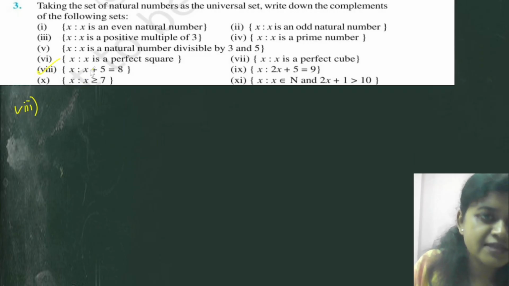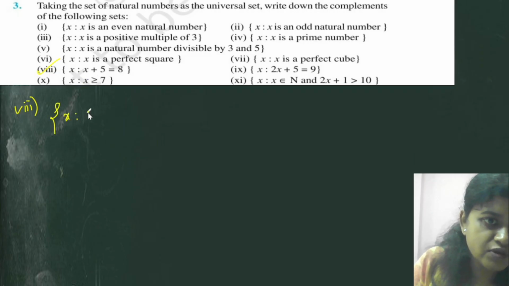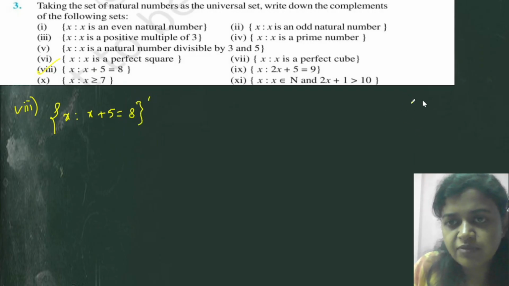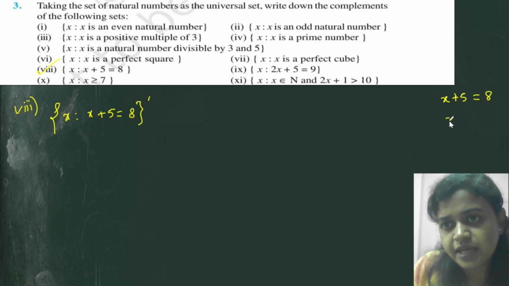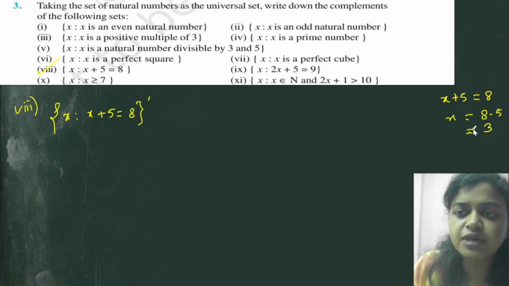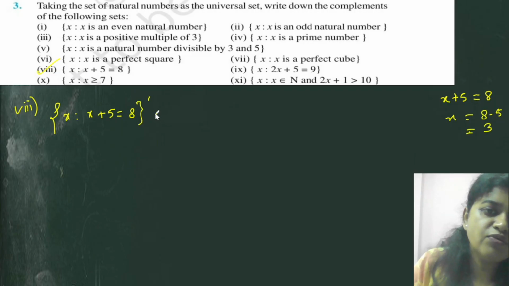Next, 8. x such that x plus 5 equals 8. We have to find the complement of this set. If we solve x plus 5 equals 8, we get x equals 8 minus 5, which equals 3. Basically we have to find the complement of {3}.